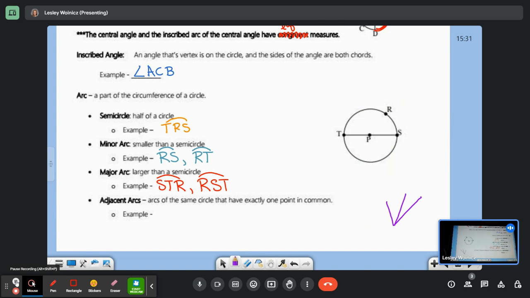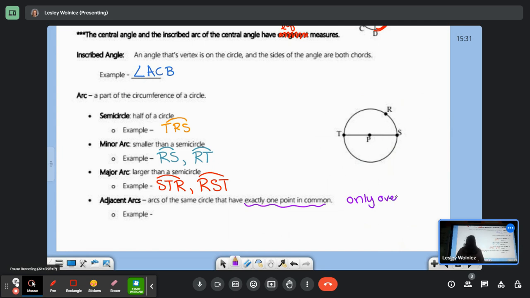The important thing is that they do not overlap. They have exactly 1 point in common. So they only overlap in 1 point.